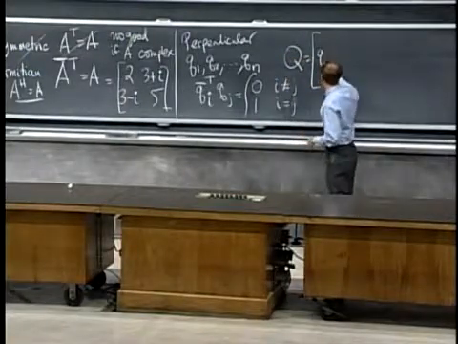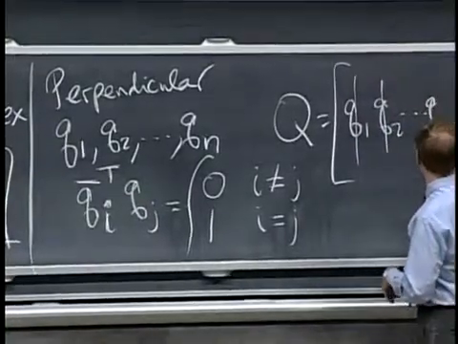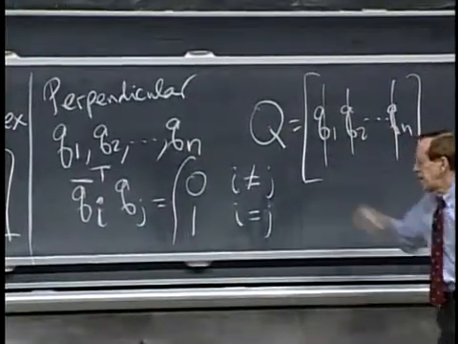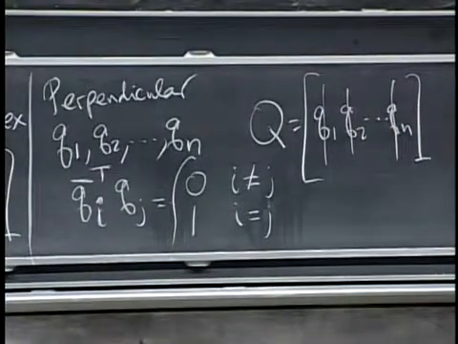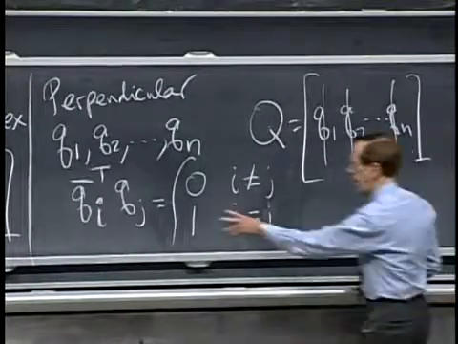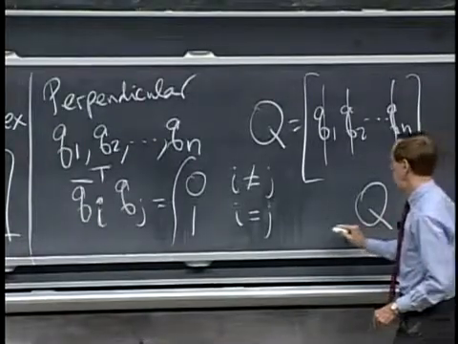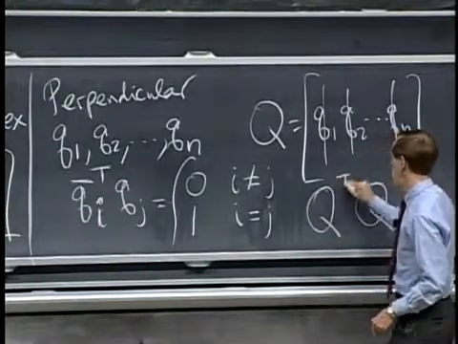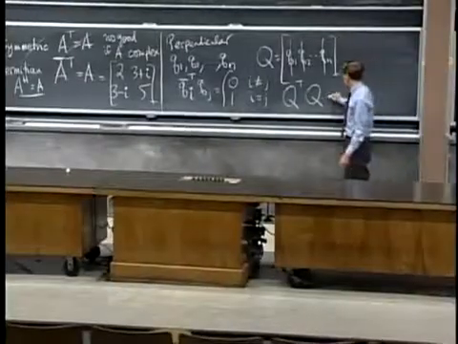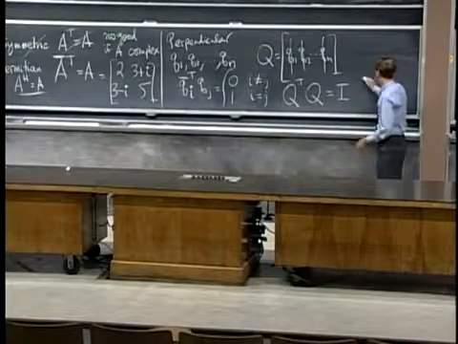The matrix will have these Q's in its columns, Q1 to Qn. And I want to turn that into matrix language, just like before. That means I want all these inner products. So I take these columns of Q, multiply by their rows. So it used to be Q transpose Q equals I, right? This was an orthogonal matrix.